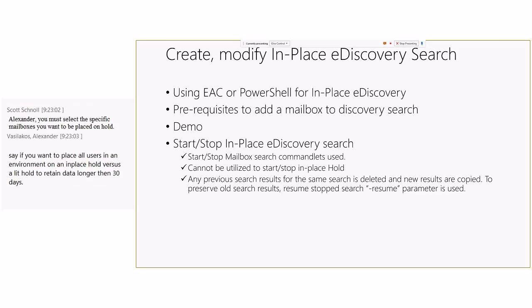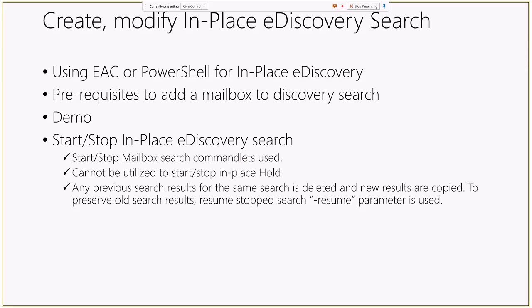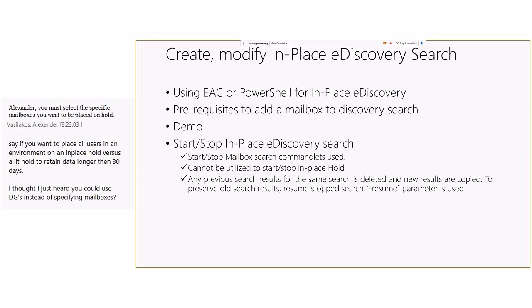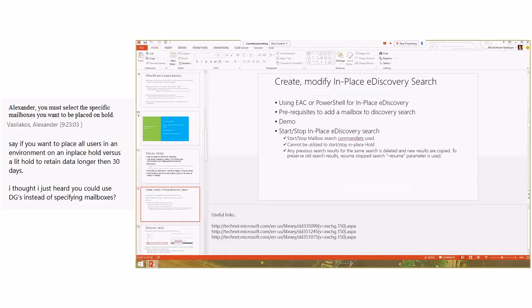All right. To create an in-place eDiscovery search, you can use the Exchange Admin Center or PowerShell. In the Exchange Admin Center, there's Discovery Center. Let me quickly show that to you here. So I have my test tenant here.